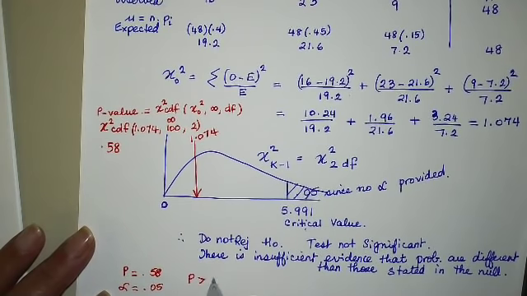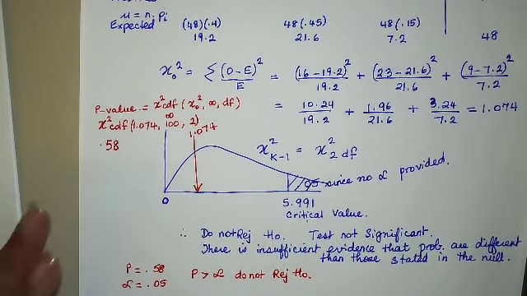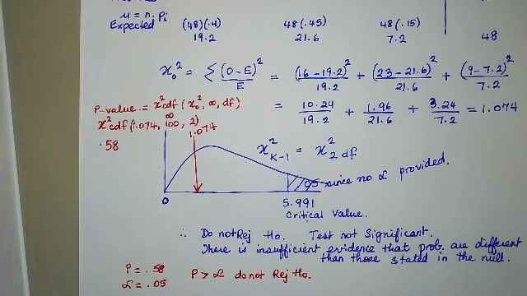So p equals 0.58 and alpha is equal to 0.05, p greater than alpha. Do not reject H0. Just like that.